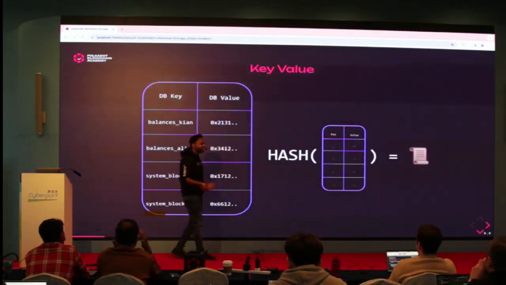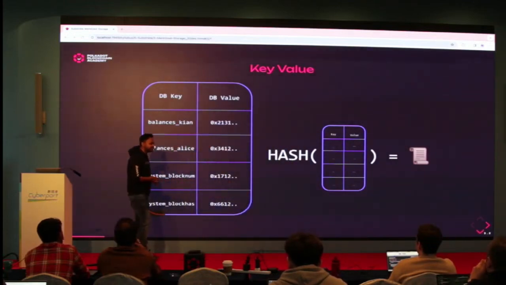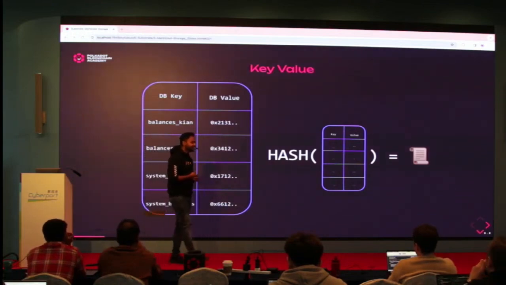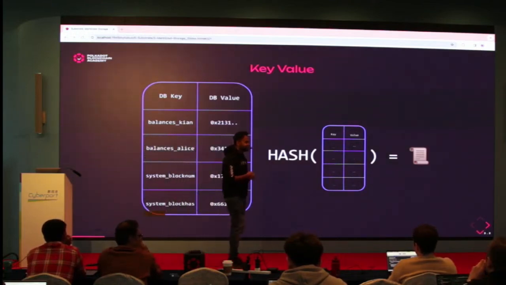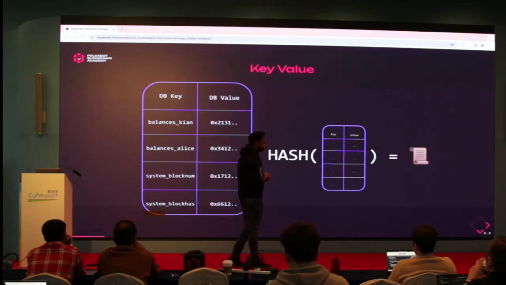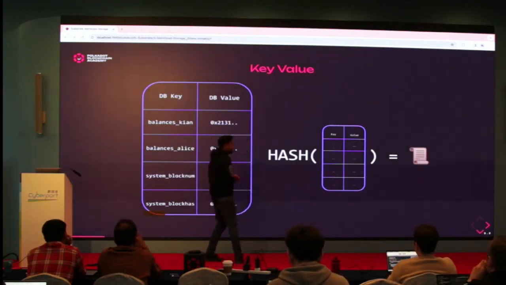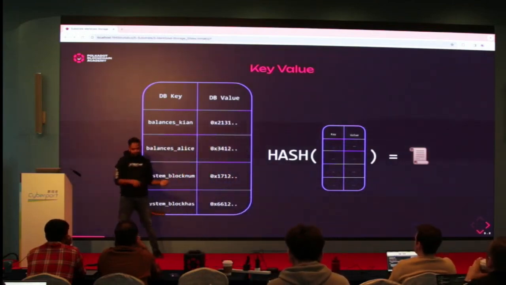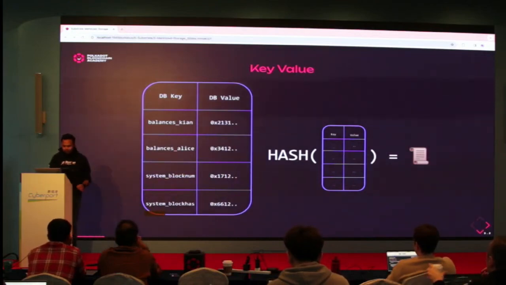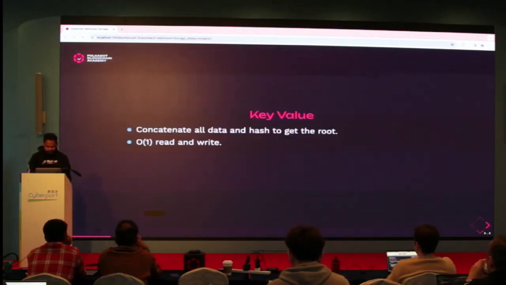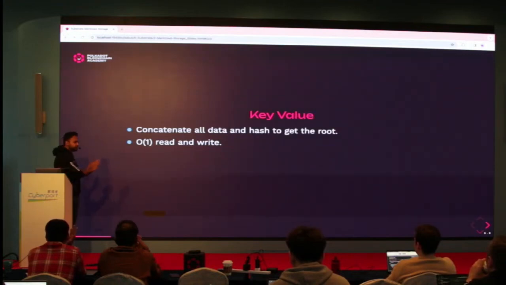Is there still a reason why we need Merkleized storage? Yes, efficiency in storage and mostly efficiency for proofs. We will go through that. Exactly as I explained, we just concatenate all that and we can generate a state root. This could be a very naive implementation. It's not technically wrong, and you can still do this, but it's not efficient.